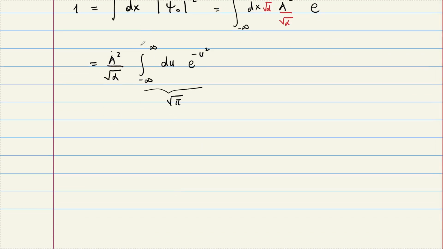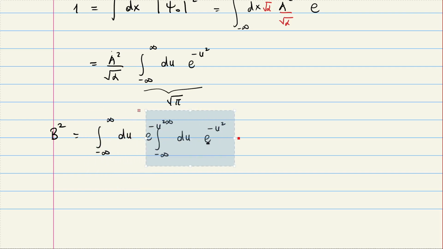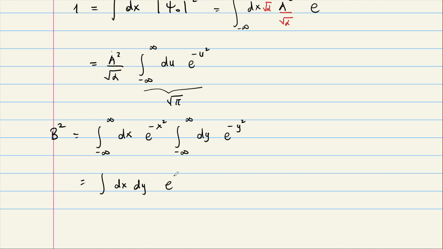So the way I was taught, I think there are different ways. You take the integral and call this b. You take the square of this. And because this is an integral, I can change the variable from u to x, right? That's a dummy variable. And I can change it from u to y. And this is b squared. Now I can do it like dx dy e to the minus x squared plus y squared, which is r squared.